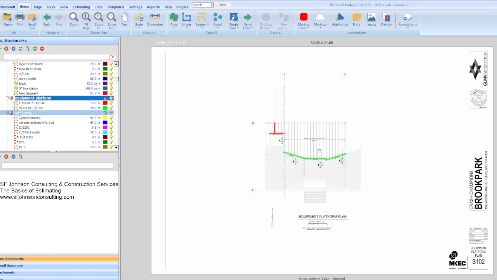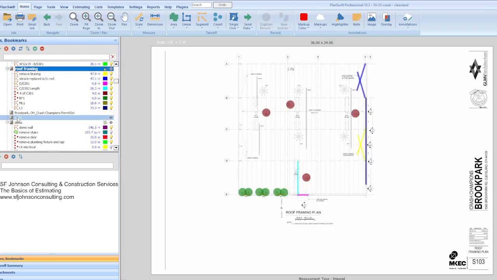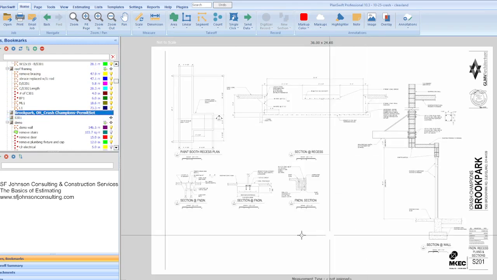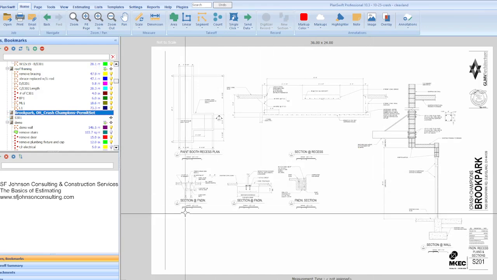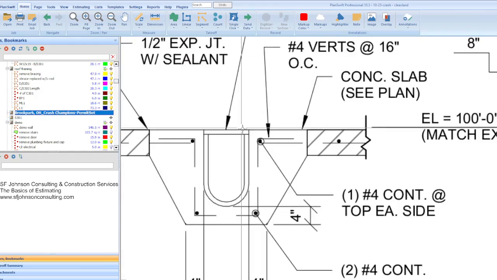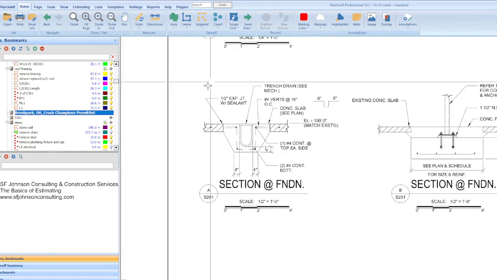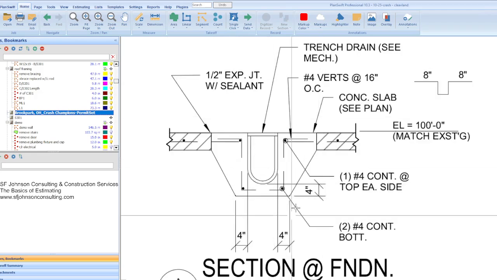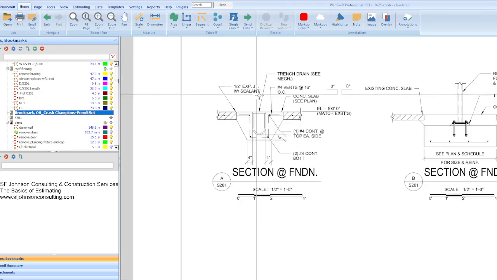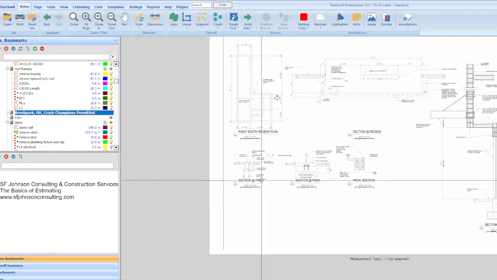Where is it? Right here. Yeah, so that was our trench drains. So we had to put some rebar in there. And I believe we had to drill some holes.